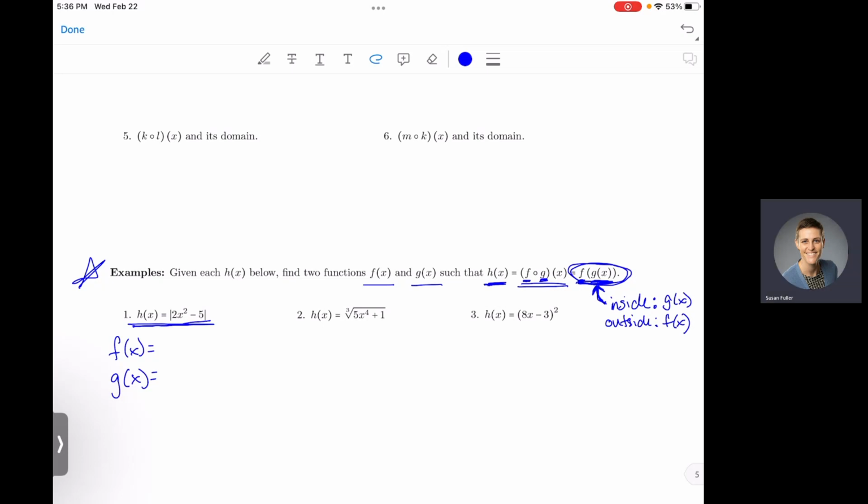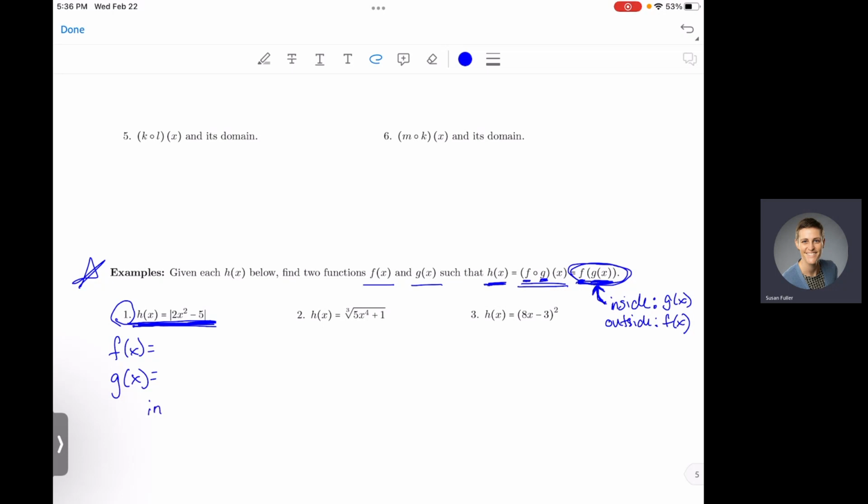Okay, so let's come to number one here. I'm looking for an inside g of x and an outside f of x, so that when I take g and plug it into f, I get the absolute value of 2x squared minus 5. Okay, so again, I think it's easiest to look at this as an inside function and an outside function.